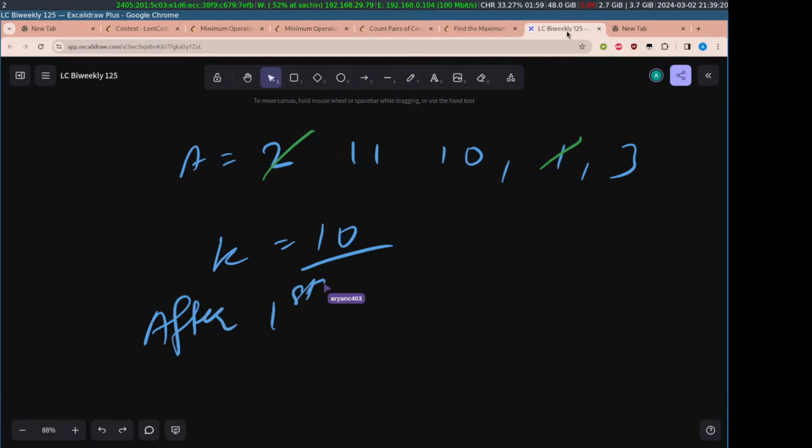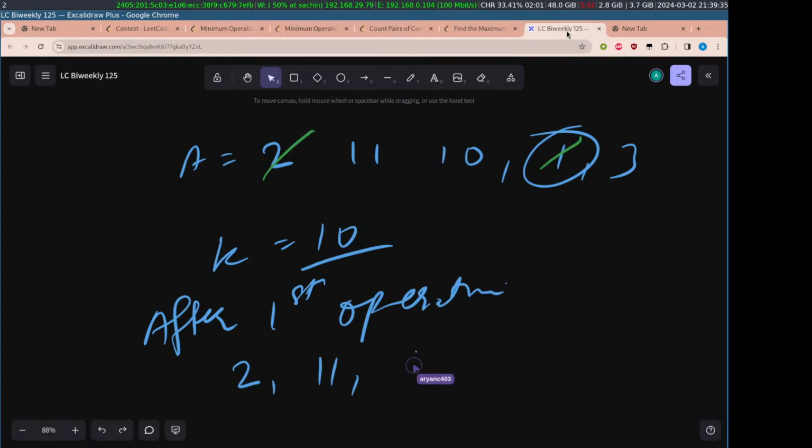The smallest remaining number is 2 here, so it will get deleted and the updated array would be 11, 10 and 3.